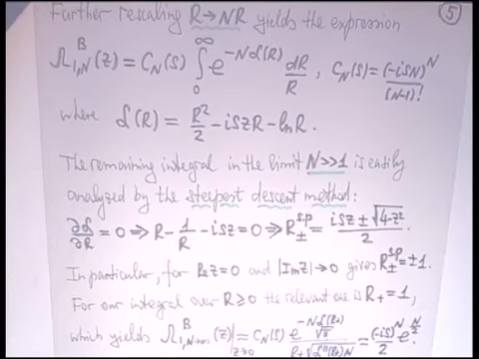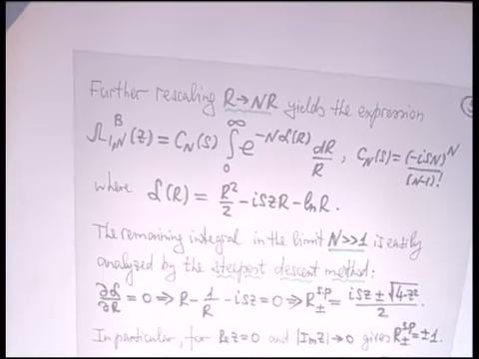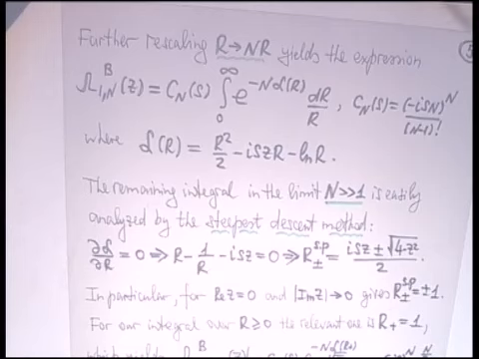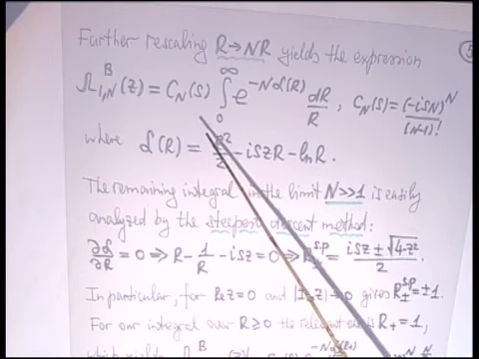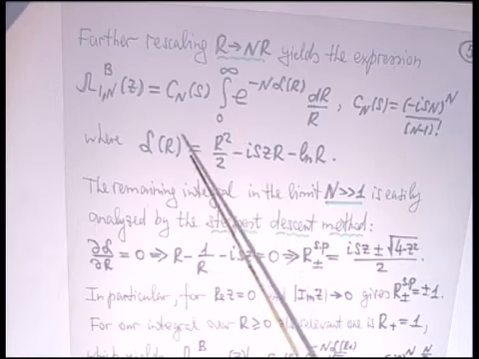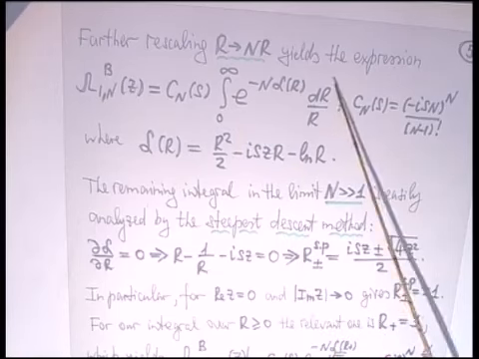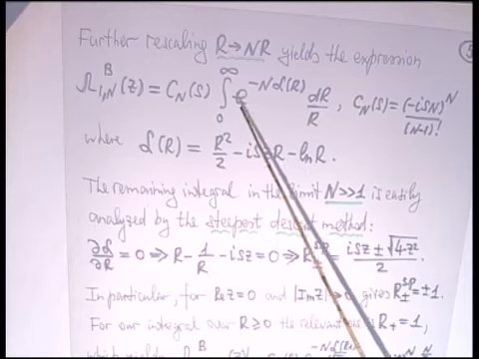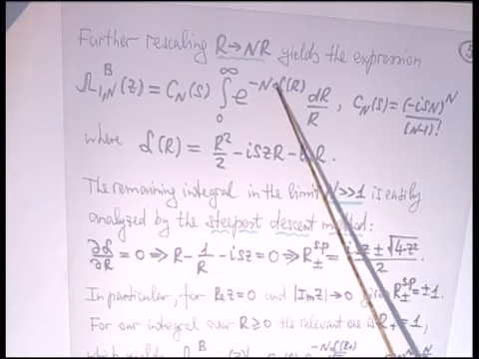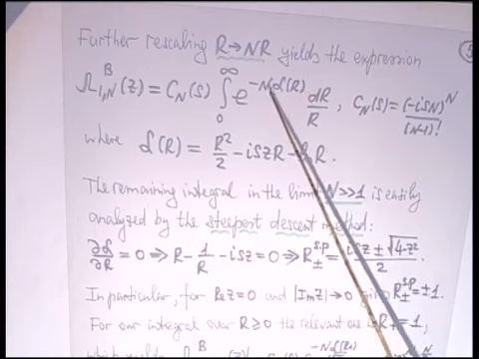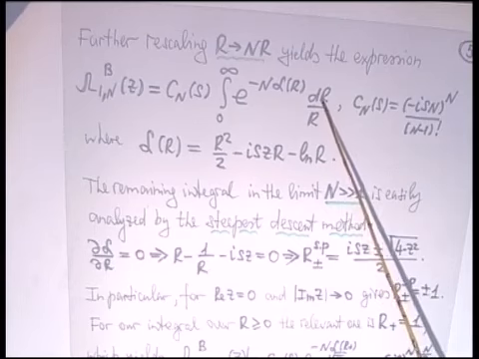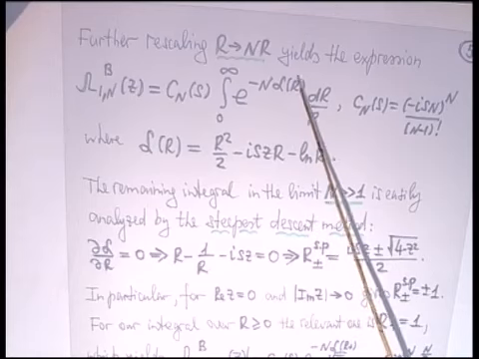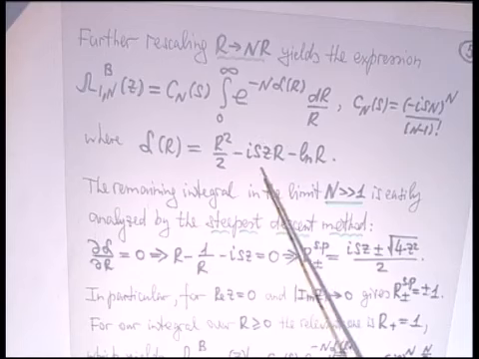Then you will see that the resulting expression, our left-hand side, depends only on one complex variable z. Up to an explicit but less interesting constant, we are dealing with the following integral: exponential of minus some function of r, proportional to the size of this matrix n, and also dr divided by r. And this function L is given explicitly here. It depends on z, of course.